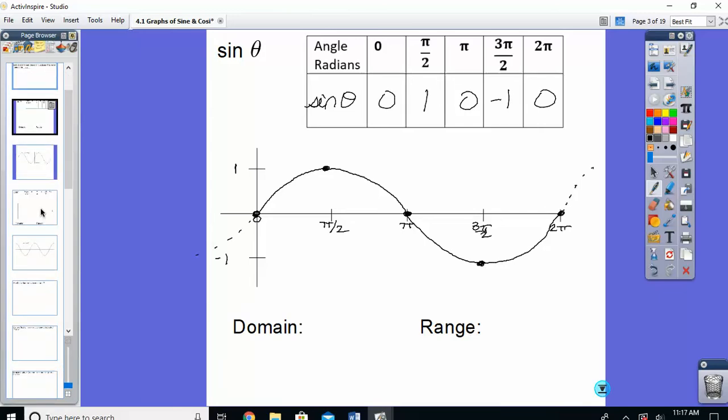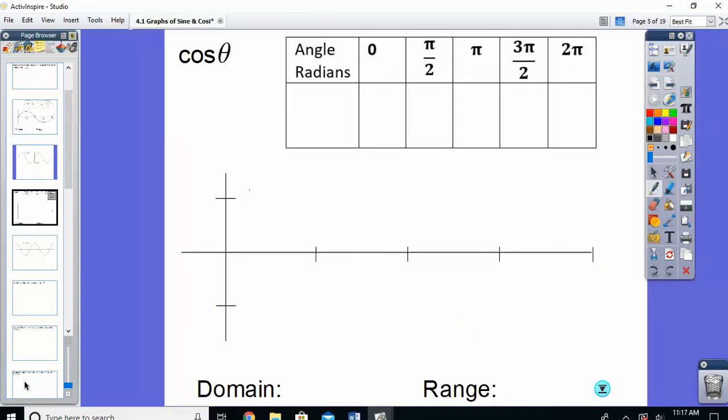So let's graph cosine. I'm going to graph this, and then I want to talk about domain and range for both of them. What's the cosine of 0? 1. At pi over 2, cosine is 0. At pi? 3 pi over 2?